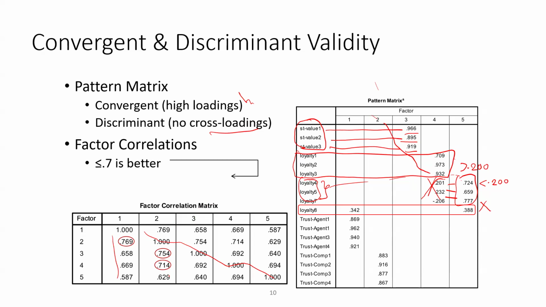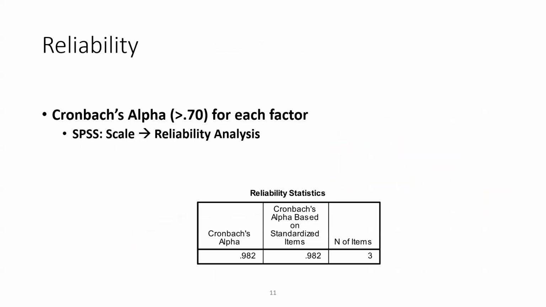What is the logic behind it? If they are highly correlated, that means they are the same thing, not different from one another. They have to be different from each other, distinct. Then we can call them separate, different factors. So high correlation is not expected in the factor correlation matrix, and cross loading is not expected. Finally, for reliability check, we use the Cronbach's alpha value.